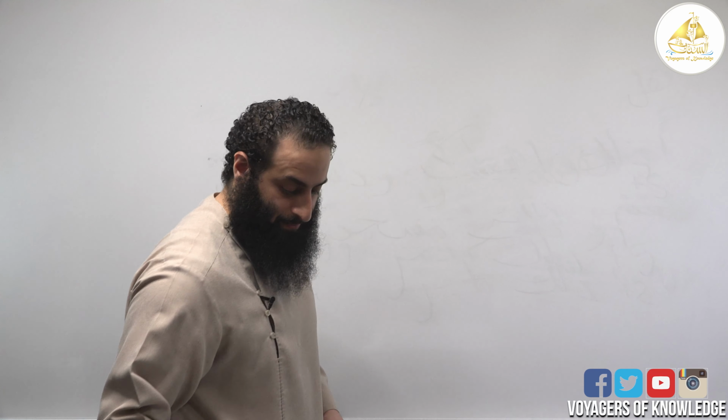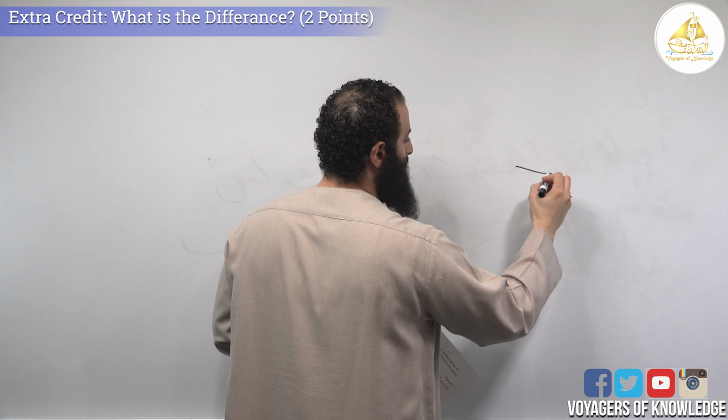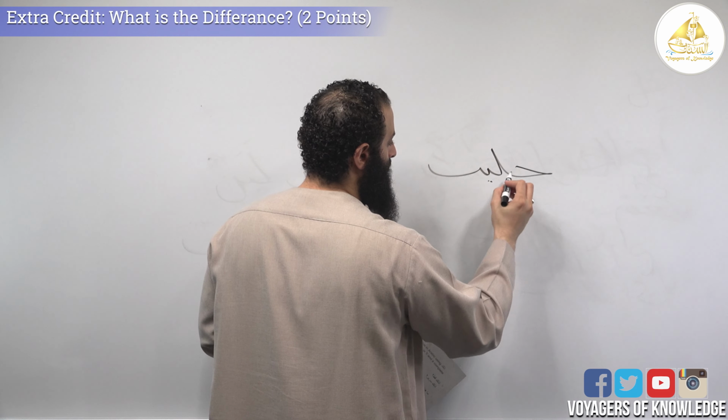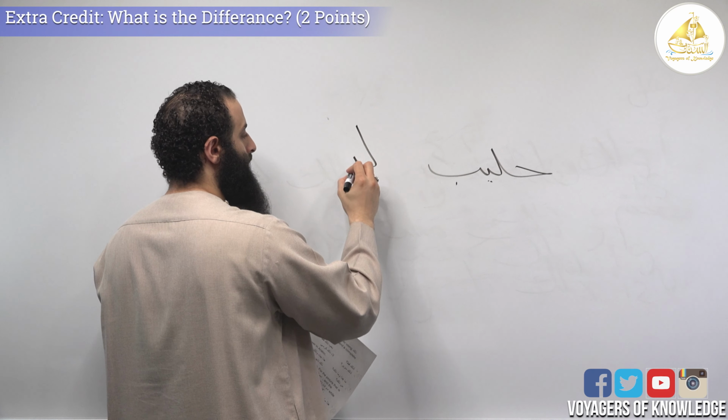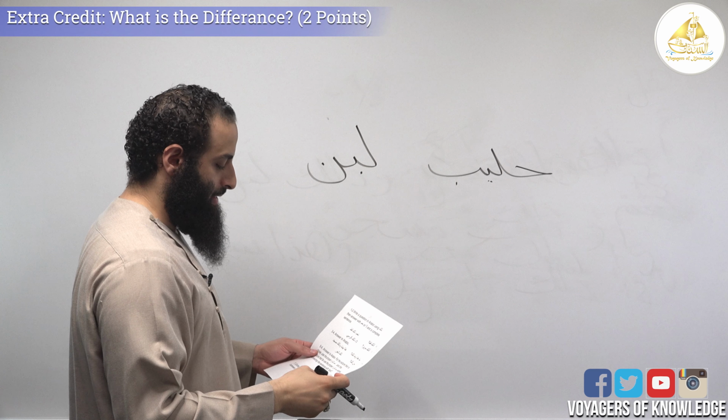Question number 7 was the difference between halib and laban. All right, there's something I want to clarify about the extra credit question. Now, the word halib and laban, we did teach later on. We didn't teach it within lesson 2.